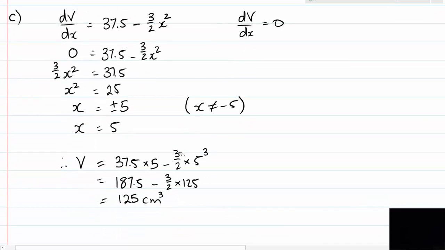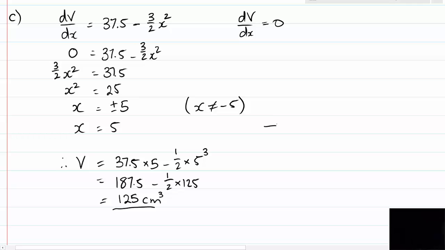My apologies, that's not 3 over 2, that is of course 1 over 2 times 125, and that's equal to 125 centimeters cubed is the maximum volume.